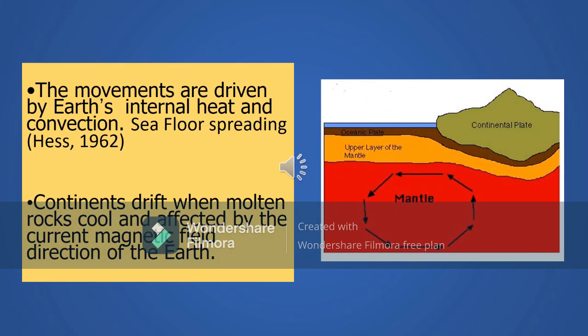The movements are driven by the Earth's internal heat and convection. The continents drift when the molten rocks cool and are affected by the current magnetic field direction of the Earth.